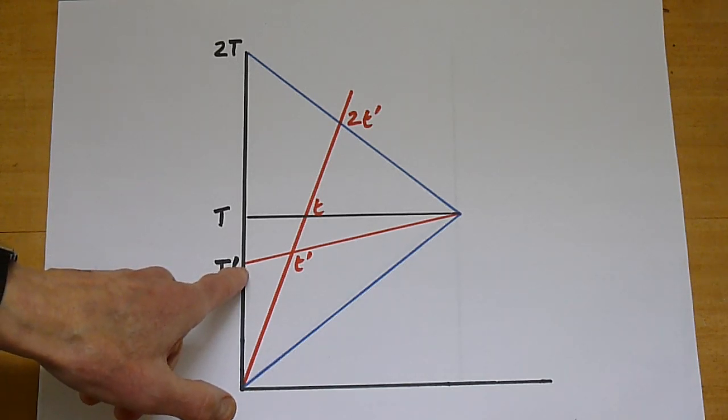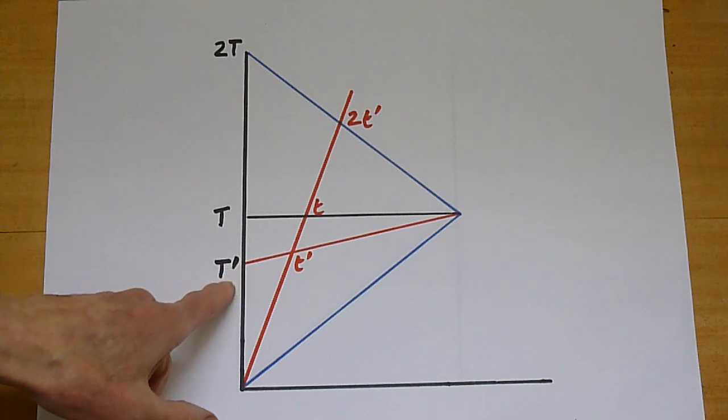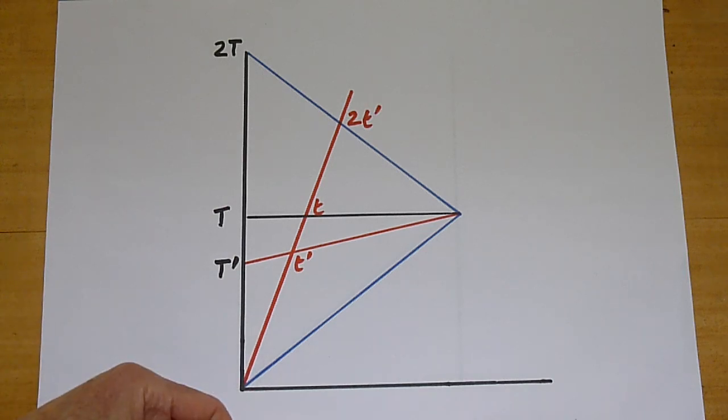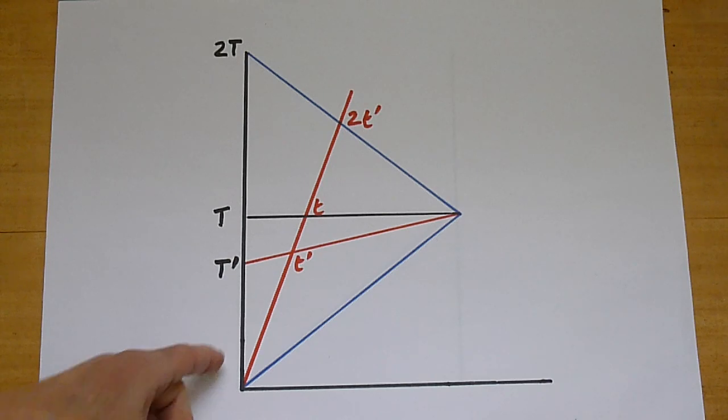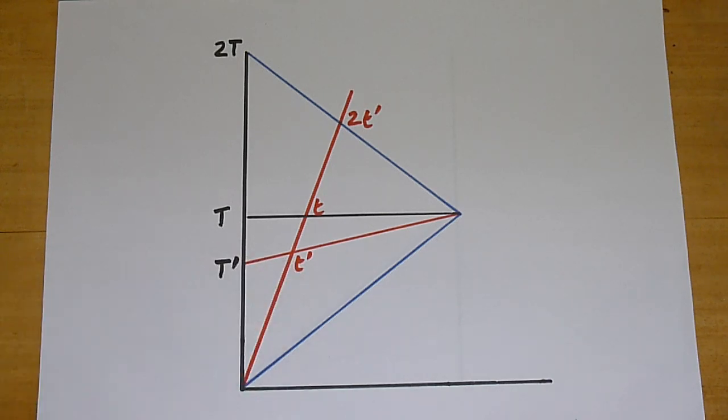The reading on my clock on your line of simultaneity for the mirror strike we'll call big T dash, and by special relativity, because my clock's running slower, big T dash is smaller than little t dash. So that all works.